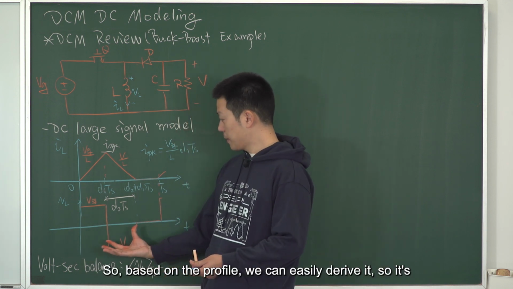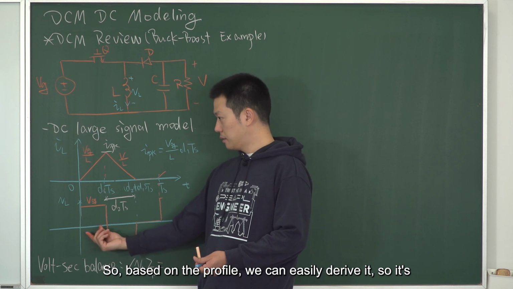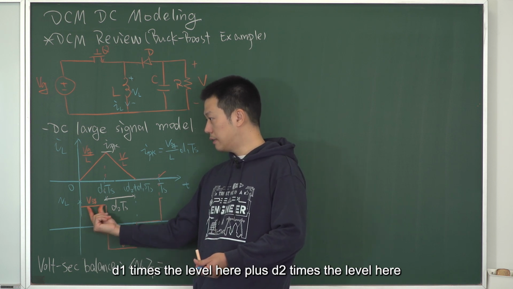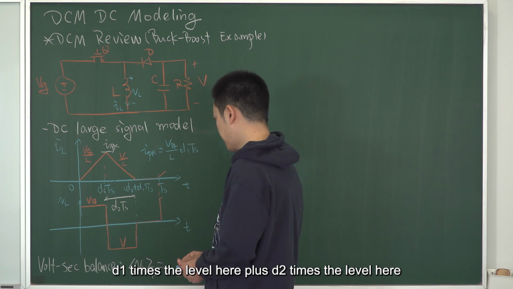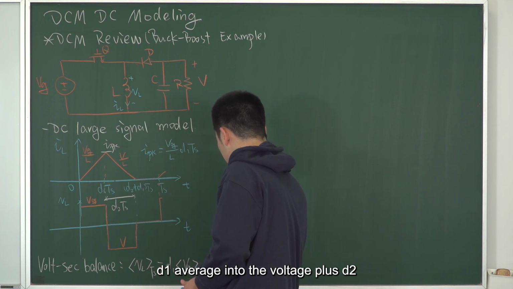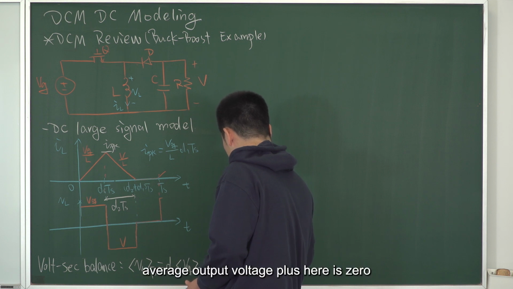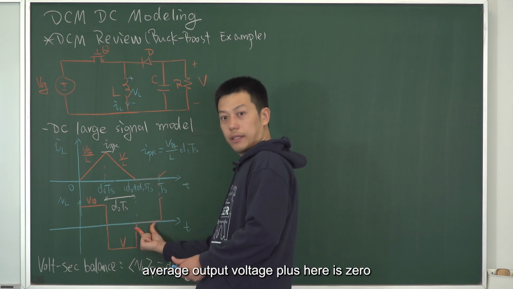Based on the profile, we can easily derive it, right? It's D1 times the level here plus D2 times the level here: D1 times the average input voltage plus D2 times the average output voltage plus 0.